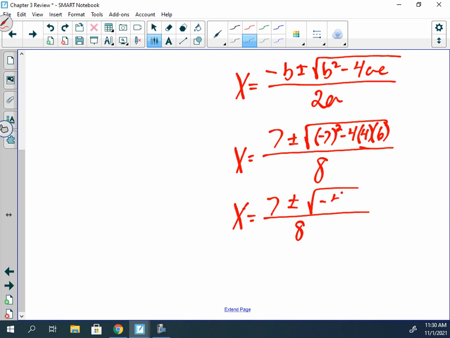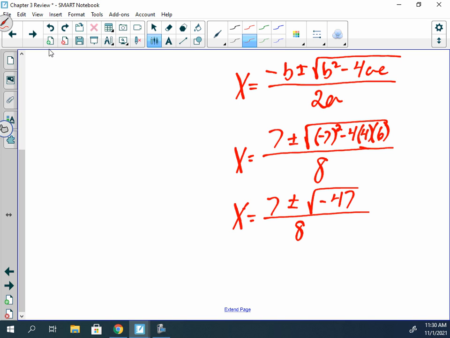I think it should be negative 47. Yep. Because if we type in negative 7 in parentheses squared minus 4 times 4 times 6, it should work out to be negative 47.